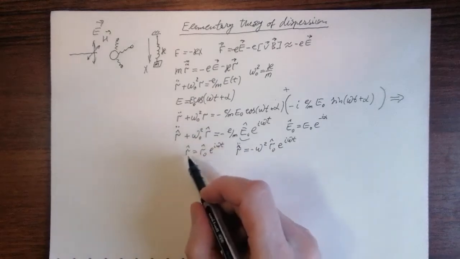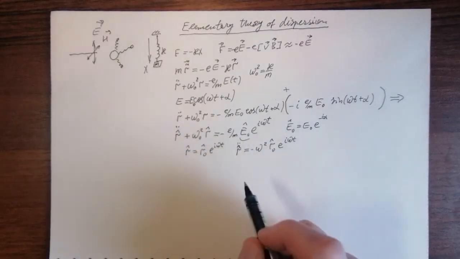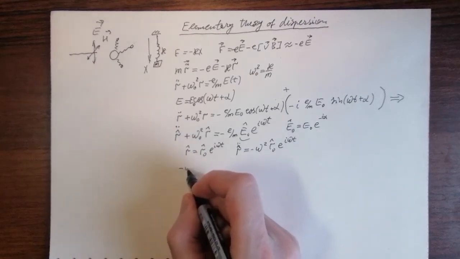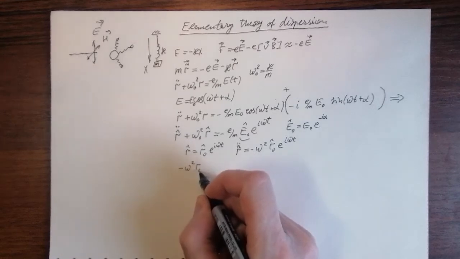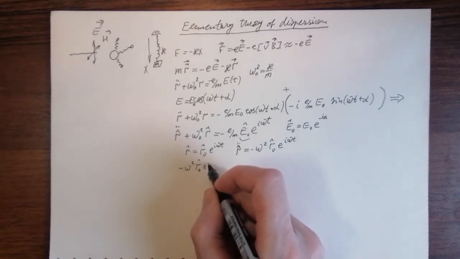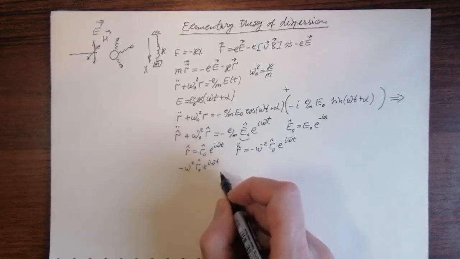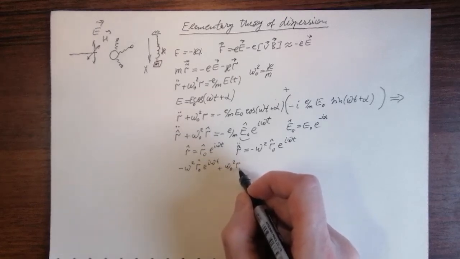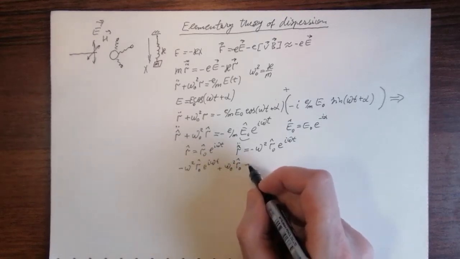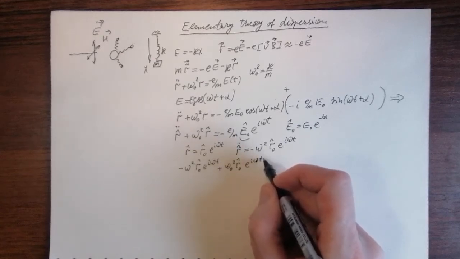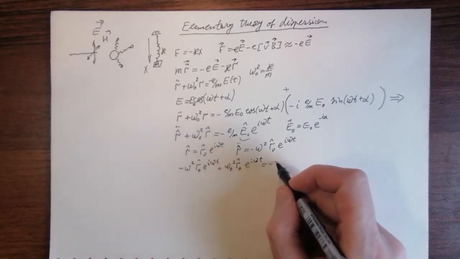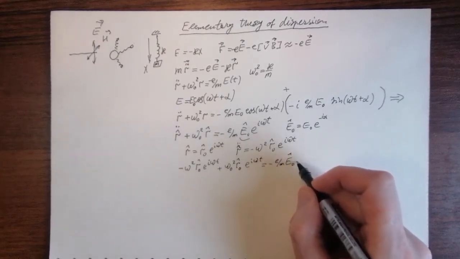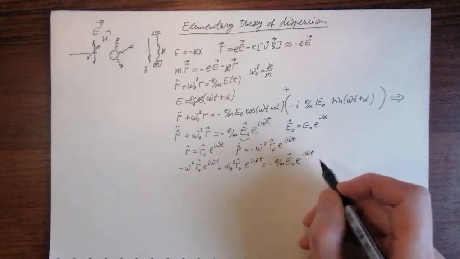Now we substitute this and that in the equation, and we obtain the following equation: minus omega squared r0 e to the i omega t plus omega 0 squared r0 e to the i omega t is equal to minus e over m E0 e to the i omega t.